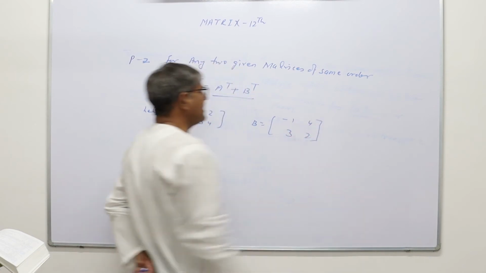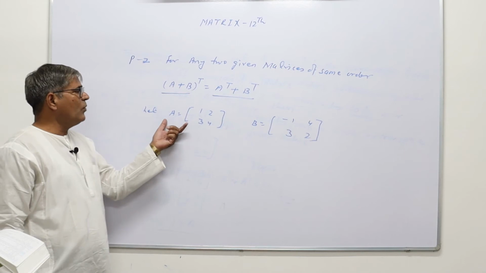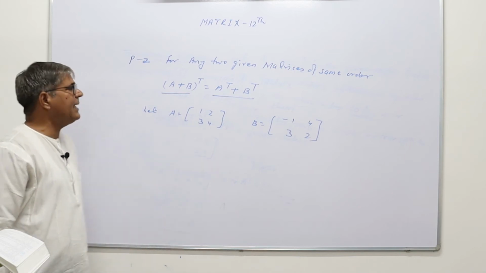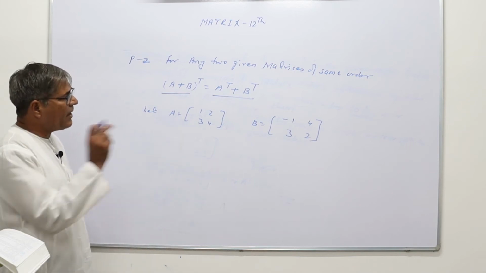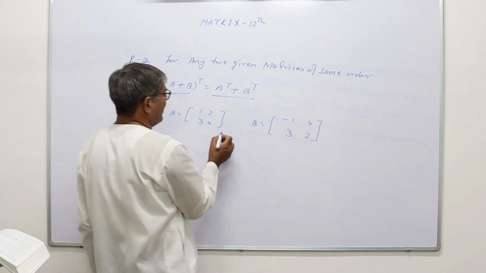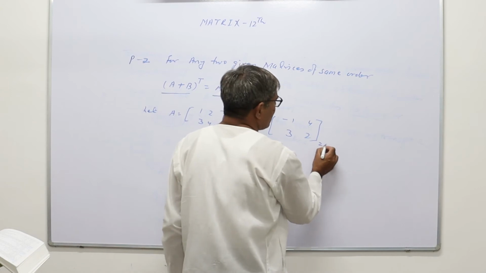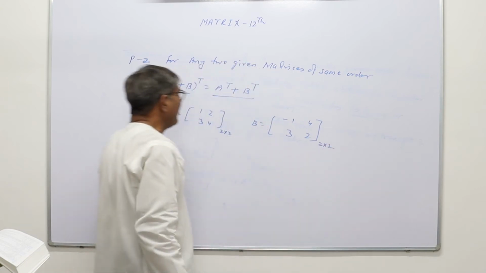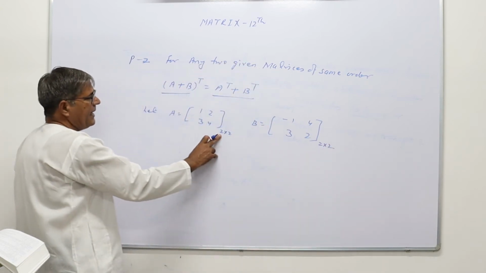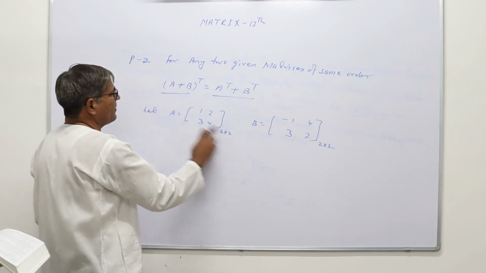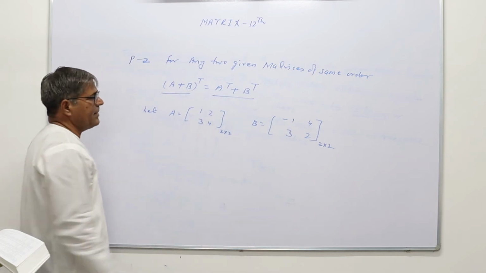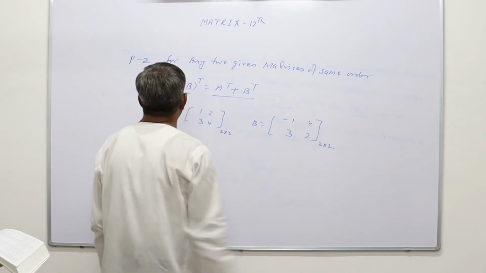Any matrix you can suppose. Now these are the two given matrices. What is the condition? The condition is that their order should be the same. So matrix A is of order 2 cross 2 and similarly B is also of order 2 cross 2. The first digit always represents the number of rows and the second is columns. So here 2 rows, 2 columns. Similarly in matrix B, 2 rows and 2 columns.